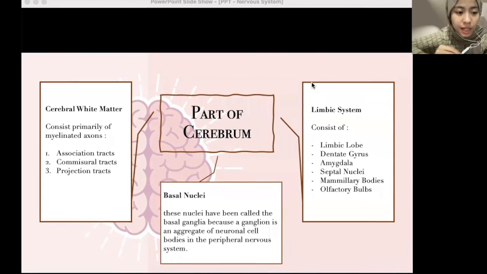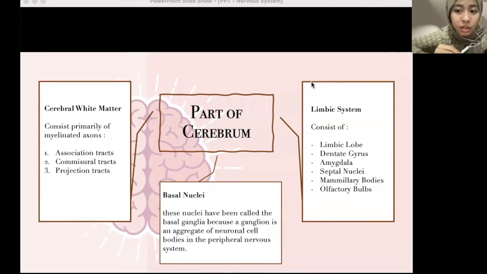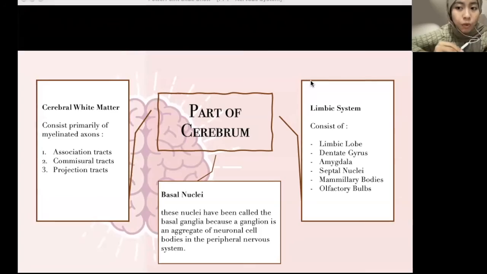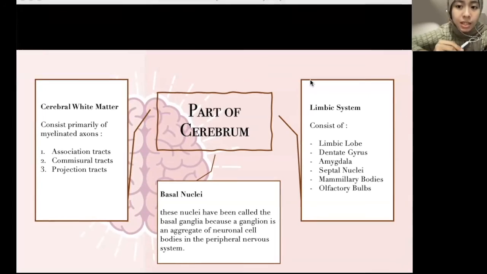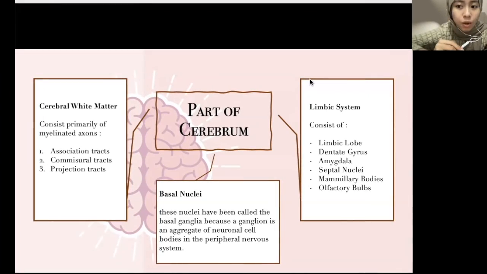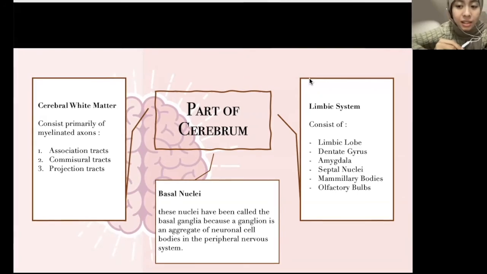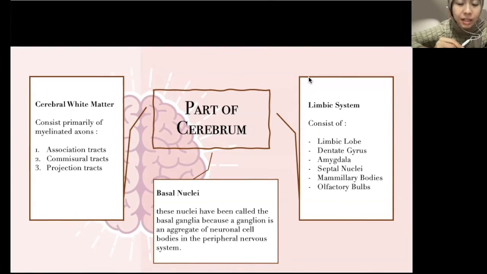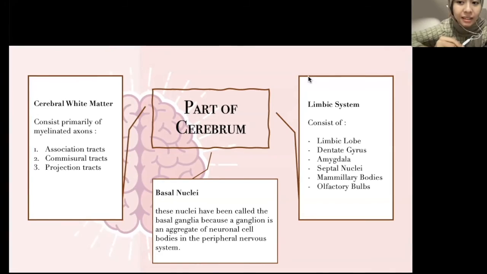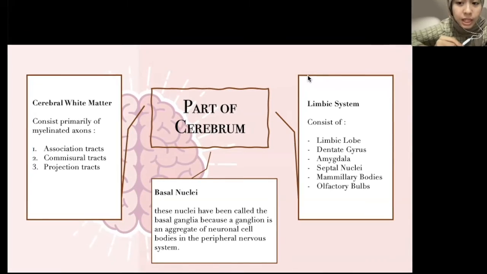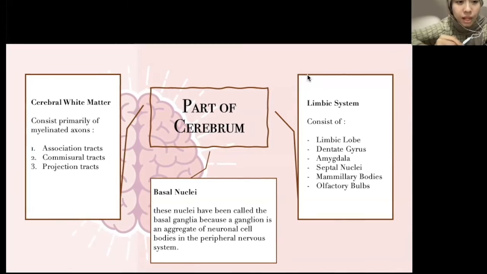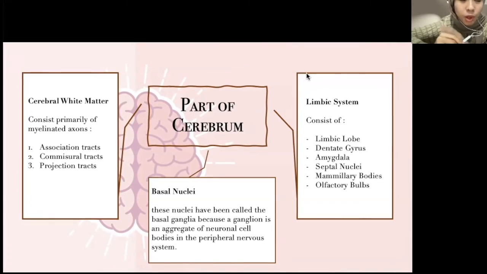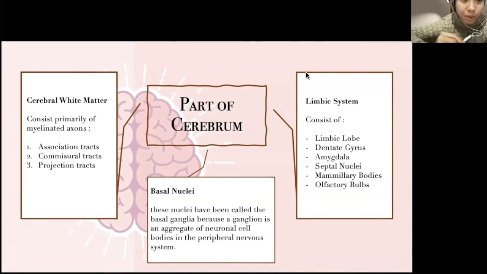The second one is commissural tracts that contain axons that conduct nerve impulses from gyri in one cerebral hemisphere to corresponding gyri in the other cerebral hemisphere. And the last one is projection tracts that contain axons that conduct nerve impulses from the cerebrum to the lower part of the CNS, or from the lower part of the CNS to the cerebrum.